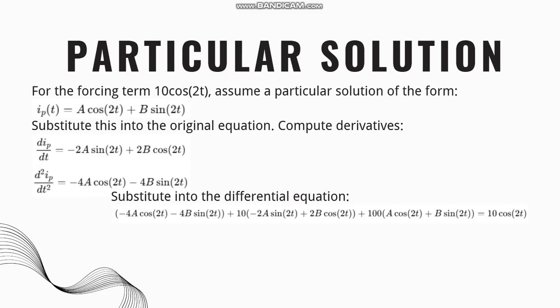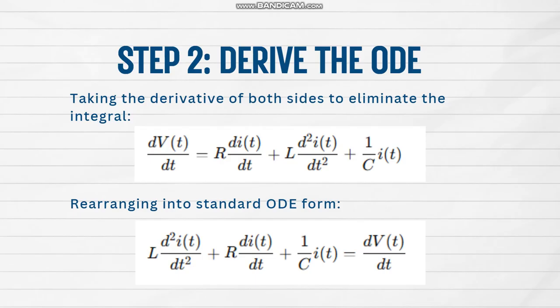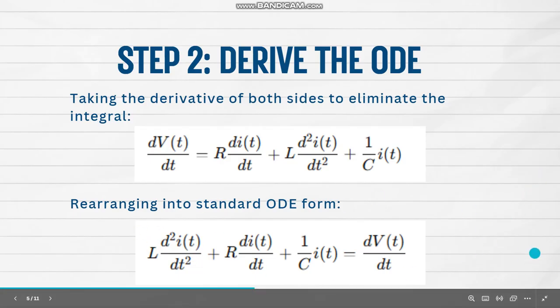And then we differentiate again, we have d square i over dt square equal to negative 4a cosine 2t minus 4b sine 2t. Then we substitute both of these derivatives into the ODE.